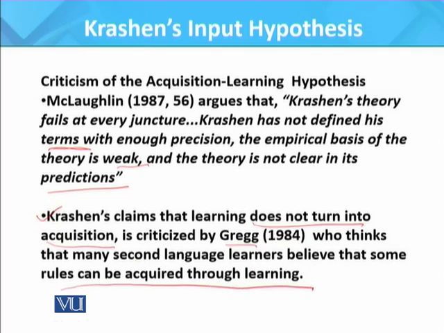He gave the example of a particular student who learned forms of the Japanese verb by memorizing the conjugation chart in his textbook, and he noticed that in a few days his use of these forms became error-free with no input, but just with the help of a little bit of drill. So based on this, Gregg thinks that his student learned the rules and acquired them, for he could produce the verbs error-free without meaningful interaction with native speakers.